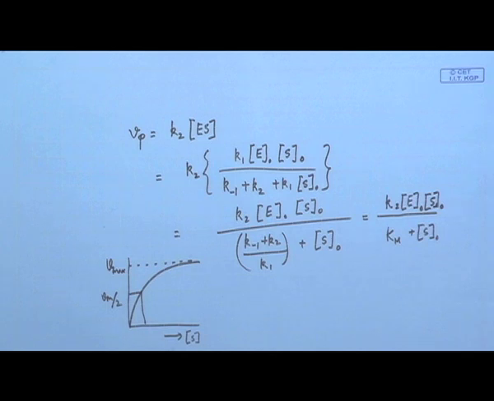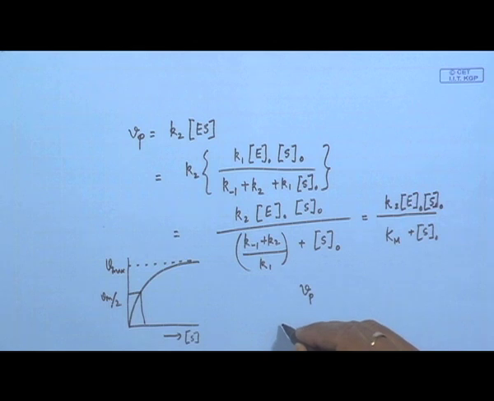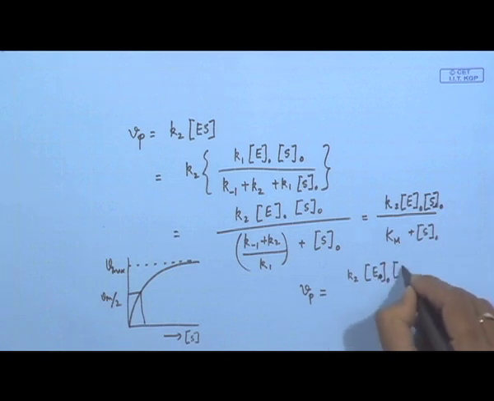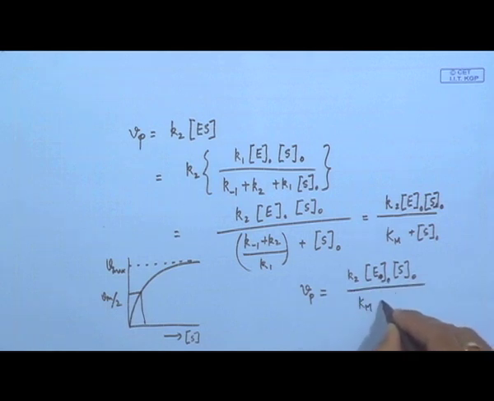Now, why have I written Vmax by 2? This is your Vp, Vp is equal to K2 into E0 S0 divided by Km plus S0.